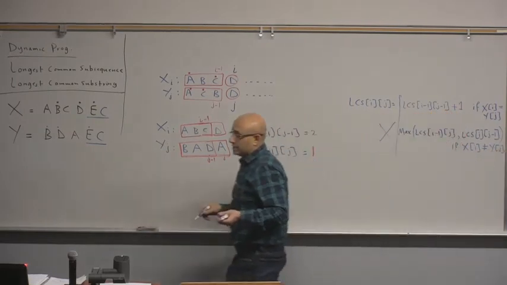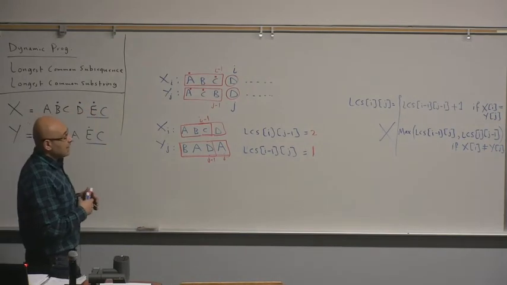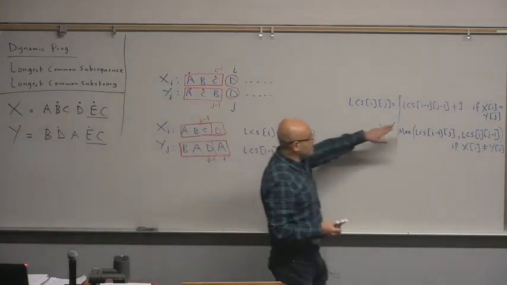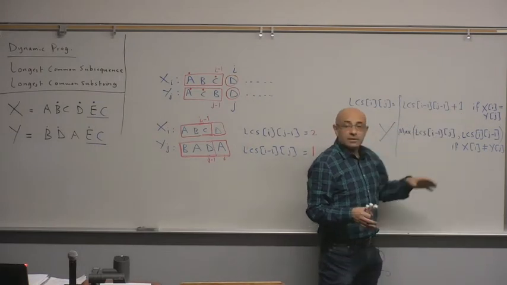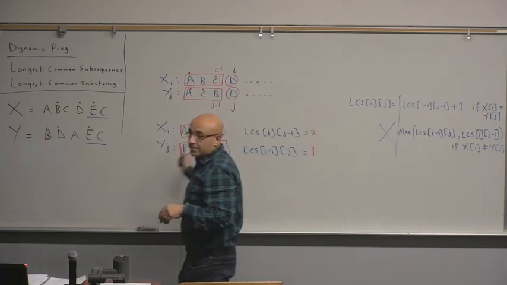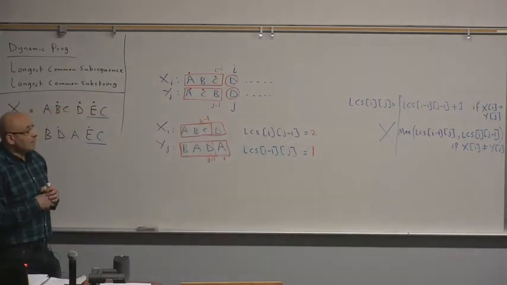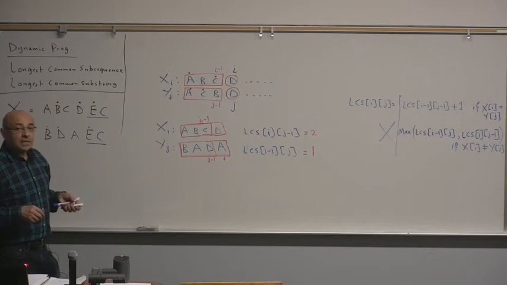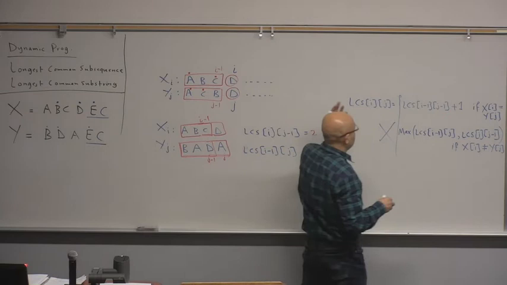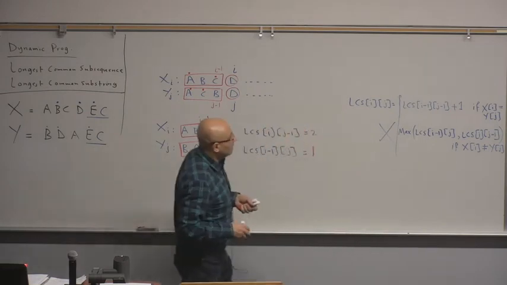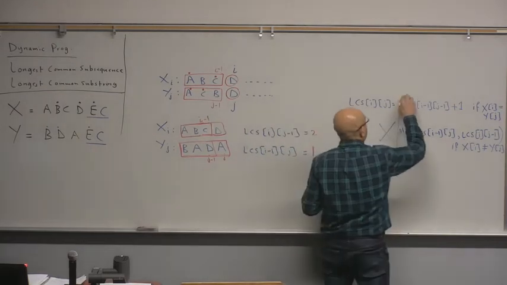So we have two cases. If x of i is equal to y of j, that's easy. We extend the previous and add 1. If they're not equal, we look at these two possibilities and take the best. And of course, we need a base case. The base case is easy. If one of them is empty, then the longest common subsequence is empty.